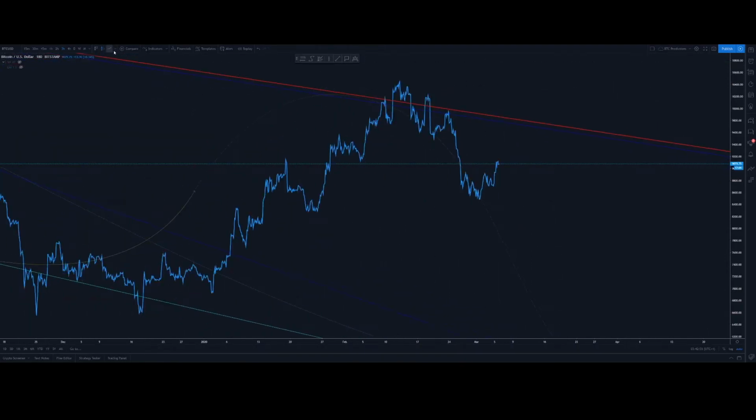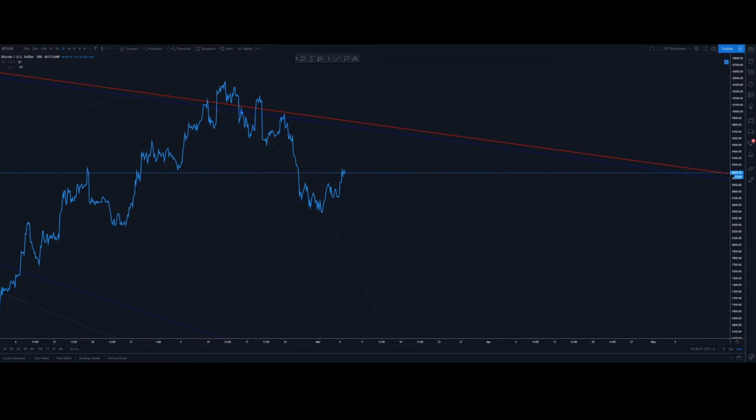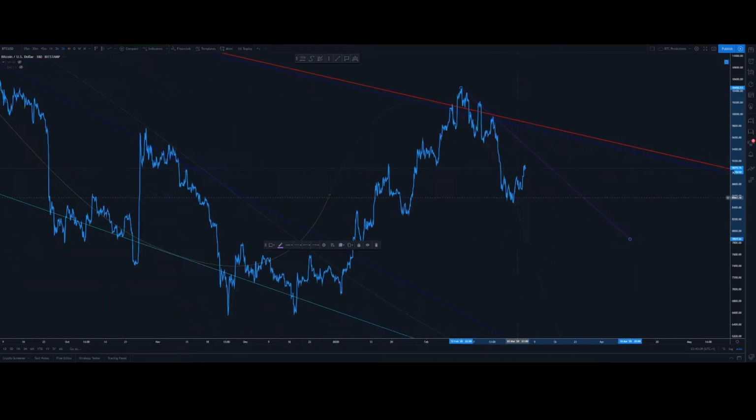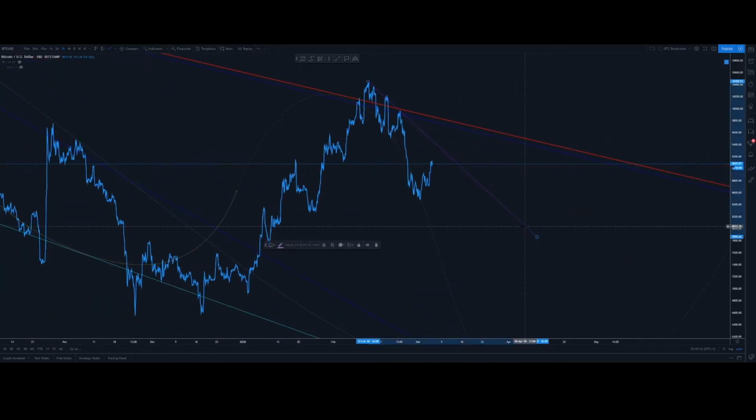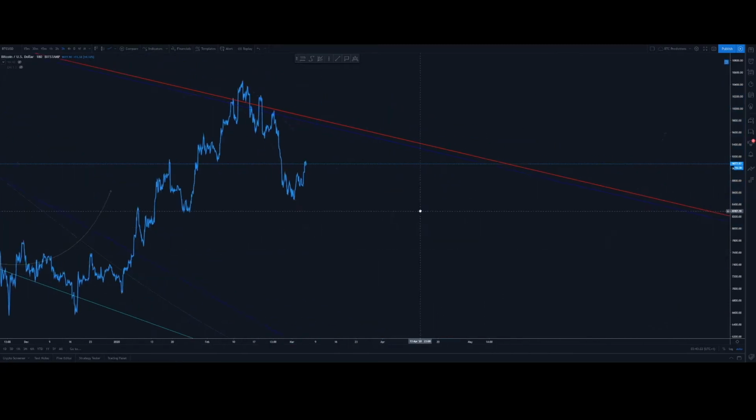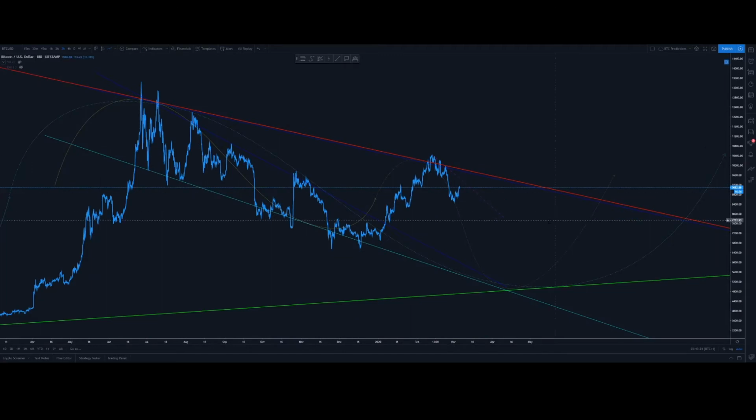Like I always do, I change up to lines when I'm doing this, connecting the tops, significant tops, and since this is nowhere near finished, we've got no second or first confirmations, so we're gonna make this dashed, and let's extend this.